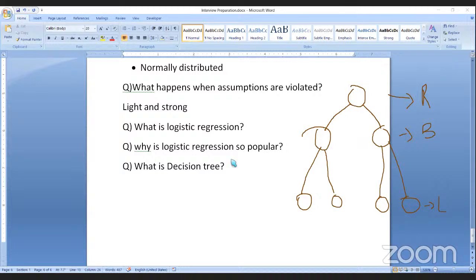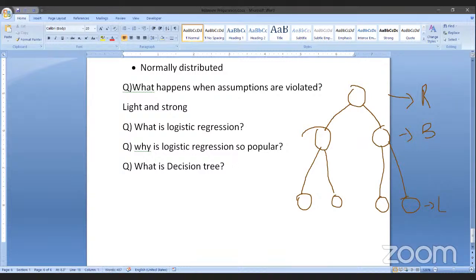Okay, so let's take the next one. What is pruning in case of decision tree, and why is pruning necessary? Why do we prune?